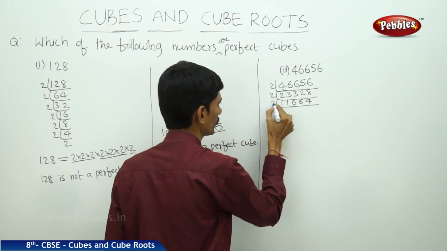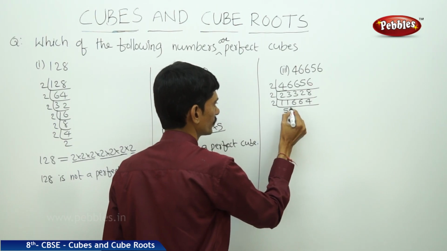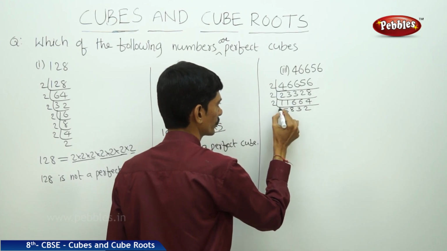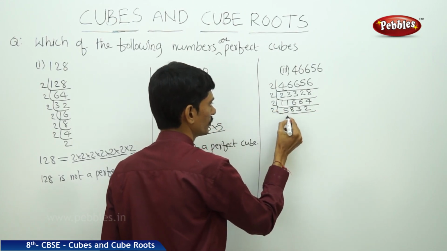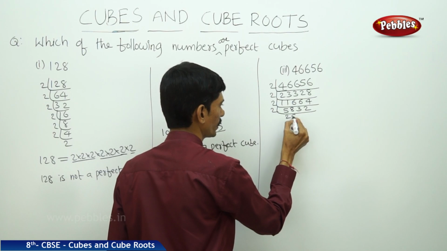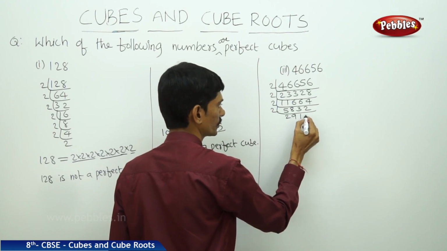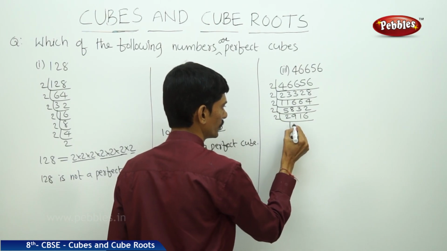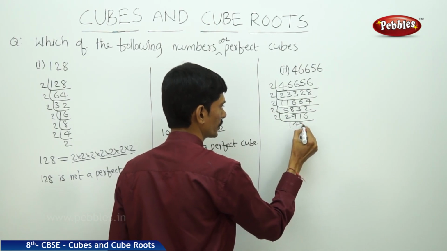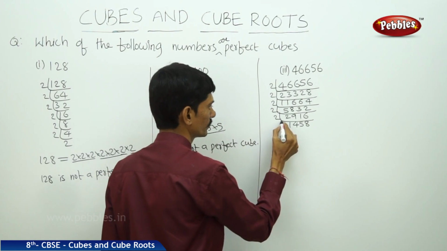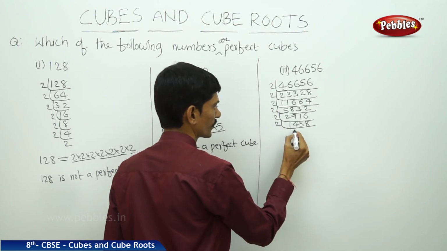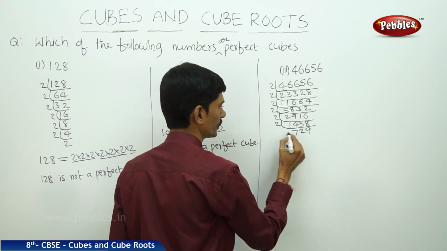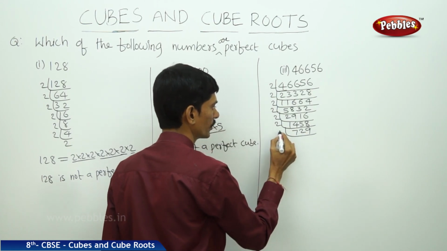Again, 2 5s are 10, 2 8s are 16, 2 3s are 6, 2 2s are 4. Again, 2 2s are 4, 2 9s are 18, 2 1s are 2, 2 6s are 12. Again, 2 1s are 2, 2 4s are 8, 2 5s are 10, 2 8s are 16. 2 7s are 14, 2 2s are 4, 2 9s are 18. Now it is divisible by 3.